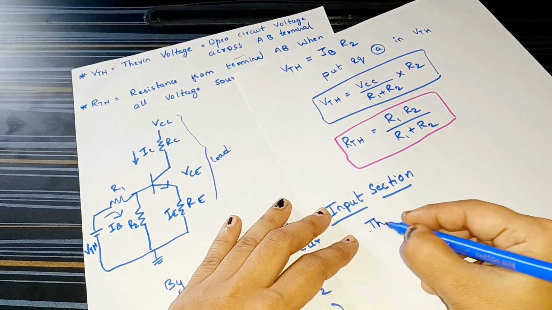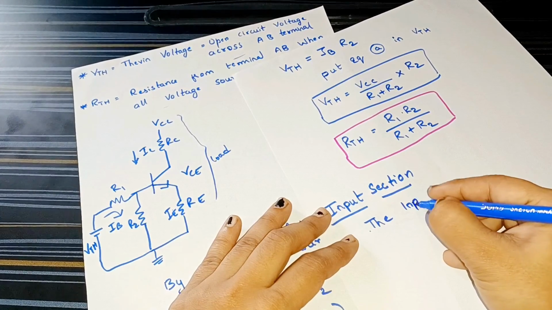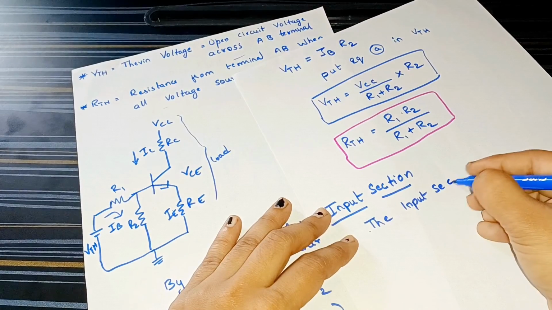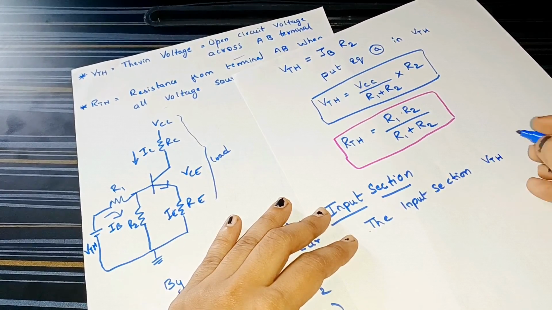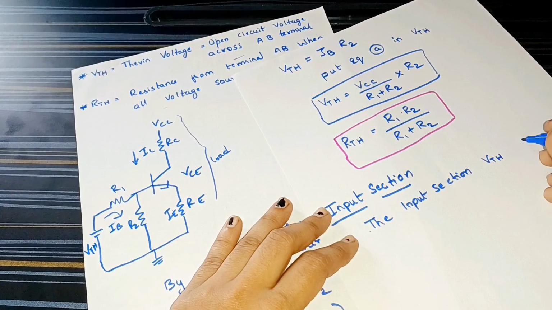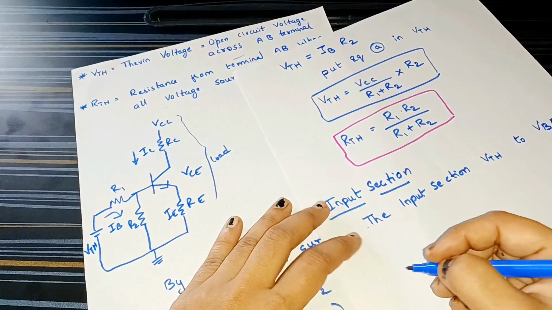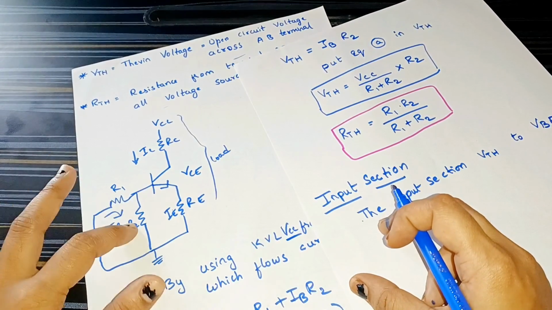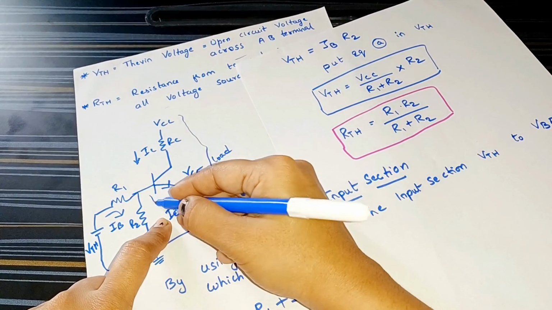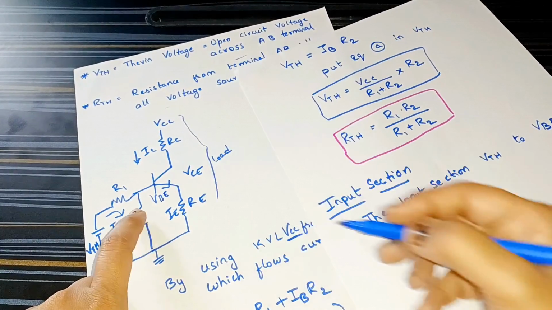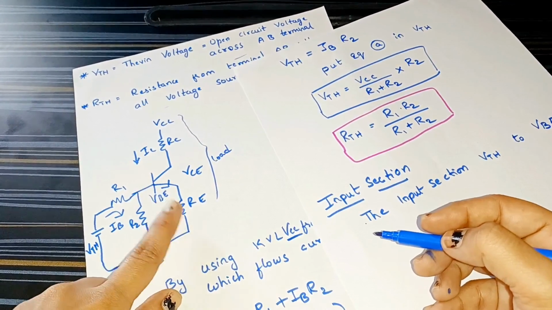It consists of RTH, VBE, and also IE into RE.